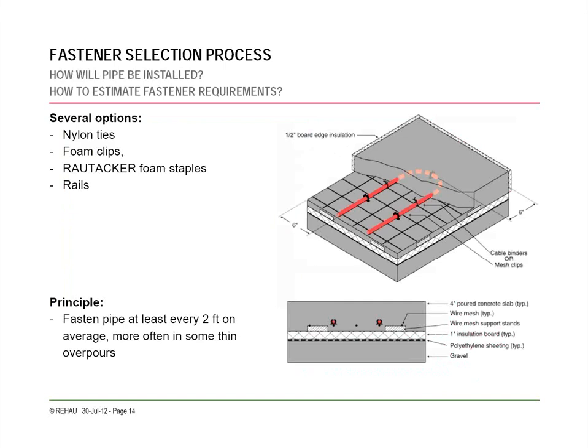Fastener selection, as we talked about in the installation portion of this, is obviously going to affect your estimating process. So we've calculated the amount of pipe that we need in linear feet. Now we've got to estimate the fastener requirements. This is obviously going to depend on the type of fastener or installation you're using.